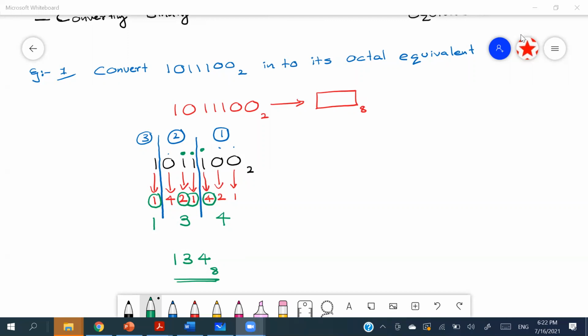Right. Okay. Is there anyone still writing this?